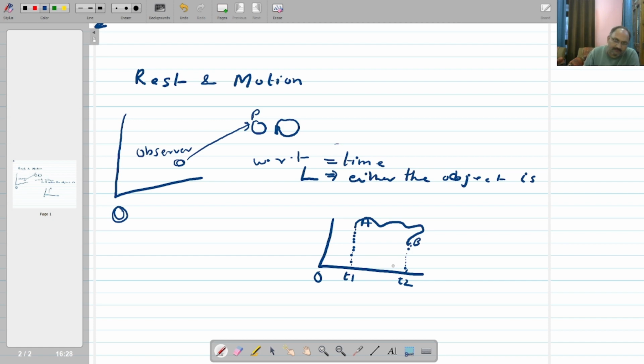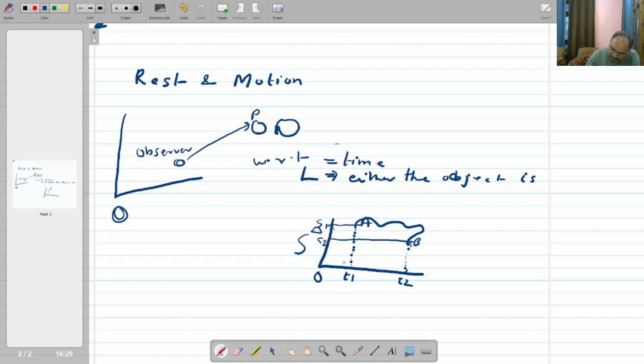So if we notice that there is a change in the position of the particle at A, which is this one, and B, which is this one, then there is a change in position from S1 to S2. Okay, so there is a change in position of the particle.